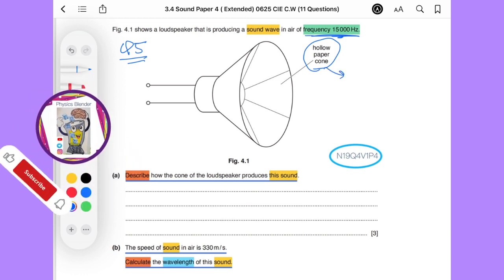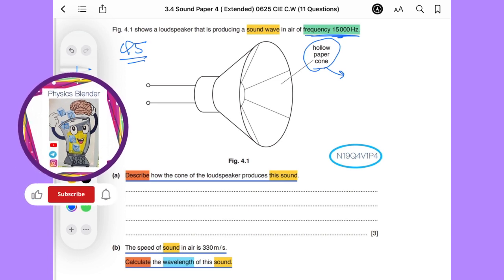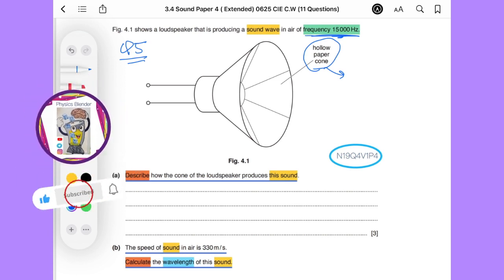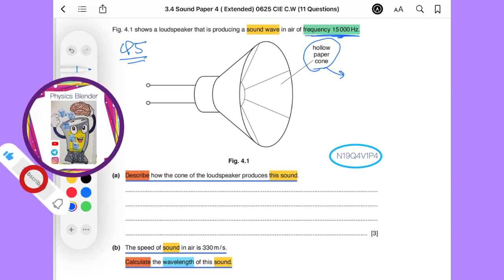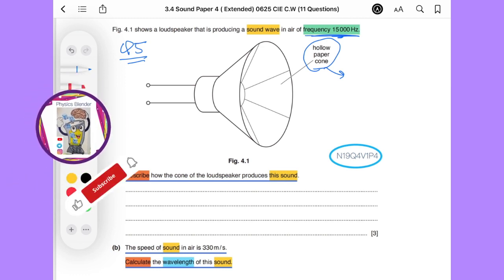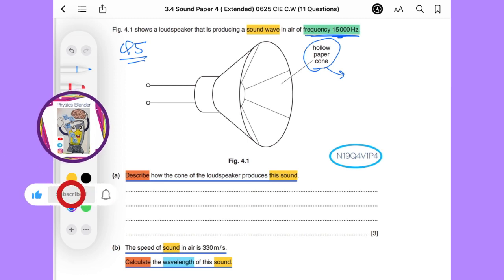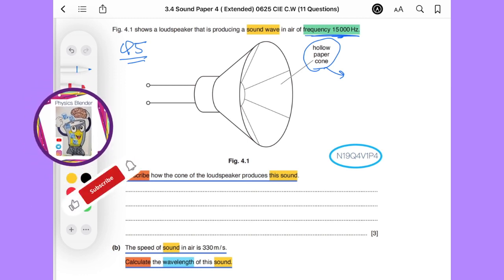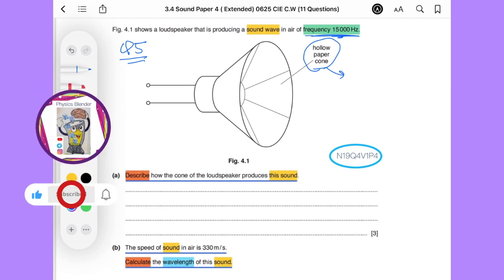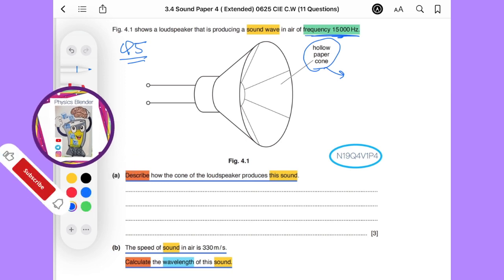Okay, the first point, this is connected to an alternating current, and you will know in electricity that we have two types of currents. We have direct current and AC, which is alternating current.